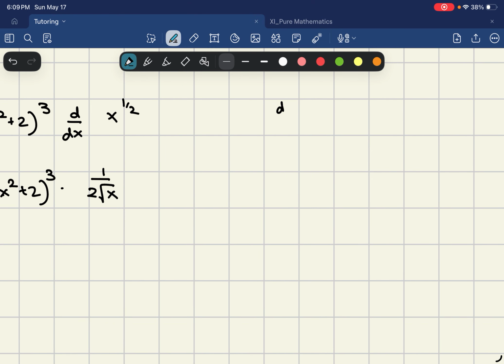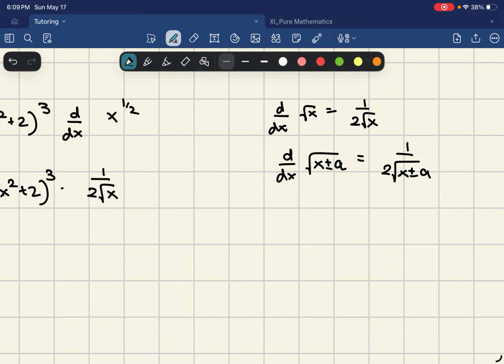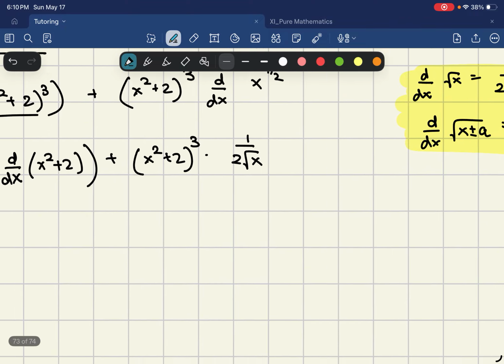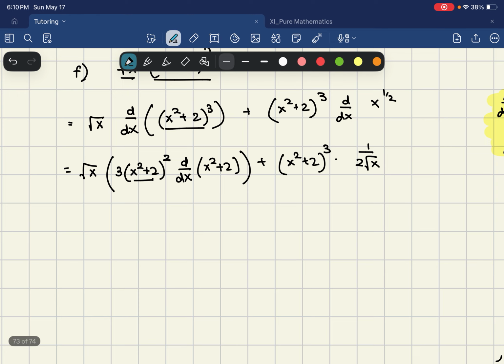So remember, d by dx of square root of x is always 1 over 2 square root of x, and d by dx of square root of x plus any constant a, whether it's plus or minus any constant a, is still going to be 1 over 2 square root of x plus or minus a. So this is something you might want to remember. So we get this using the power rule, and I think I've already shown you how we get here.